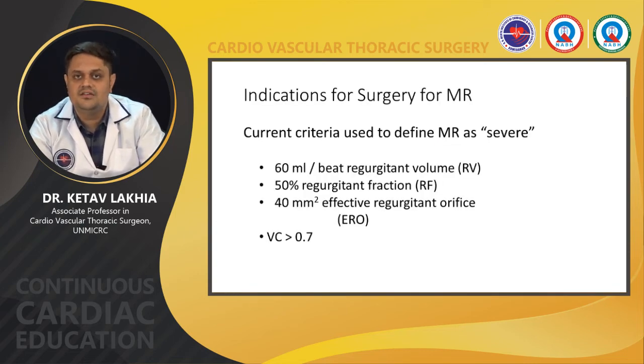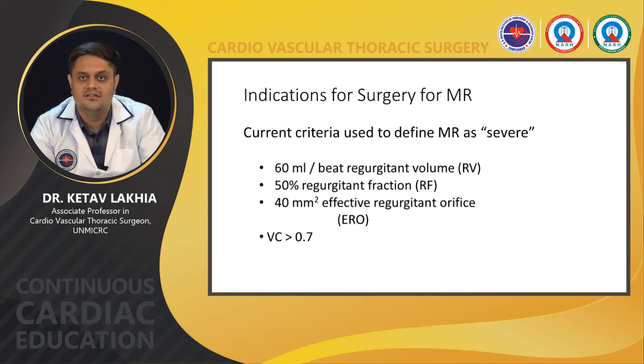Now what are the indications for surgery for MR? So we have already seen a brief overview and the flow chart for treatment of mitral valve surgery. These are the current criteria used to define mitral regurgitation as severe that we have already seen: regurgitant volume of more than 60, regurgitant fraction of more than 50%, and effective regurgitant orifice of more than or equal to 40 mm square with vena contracta of 0.7 centimeter.